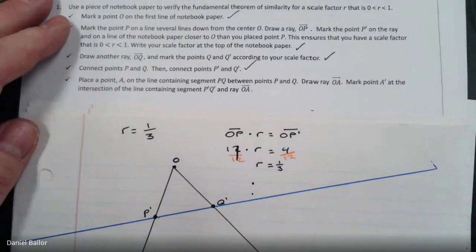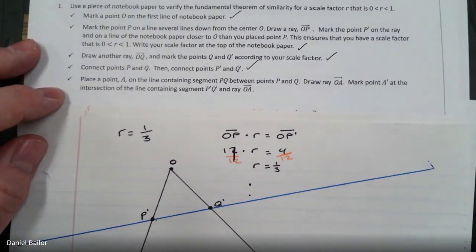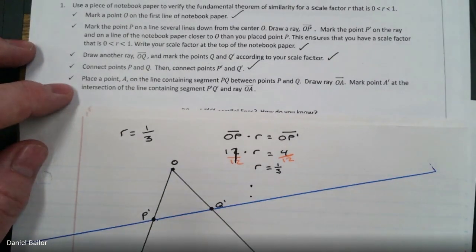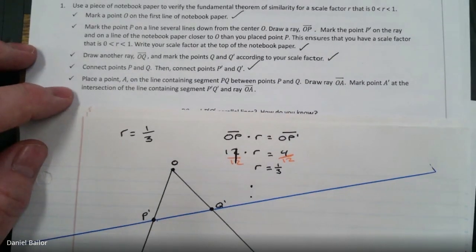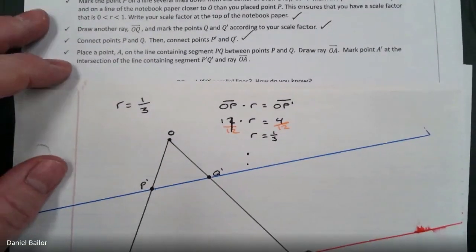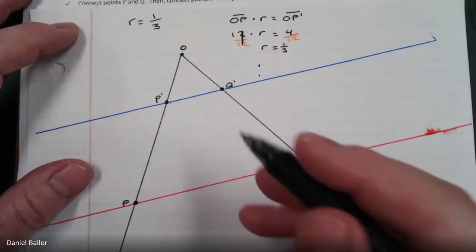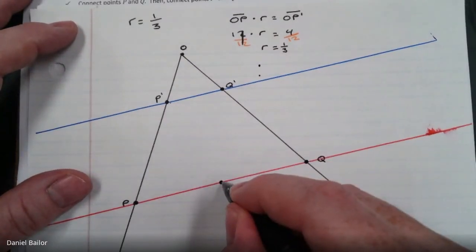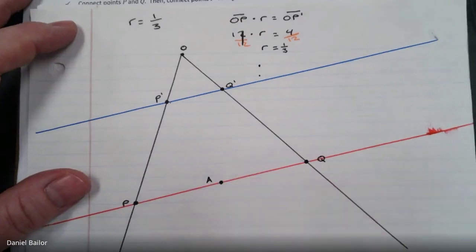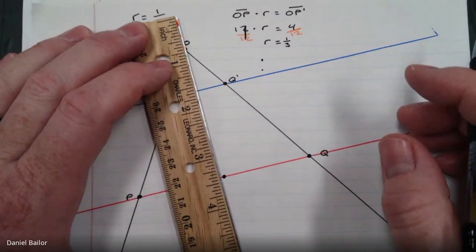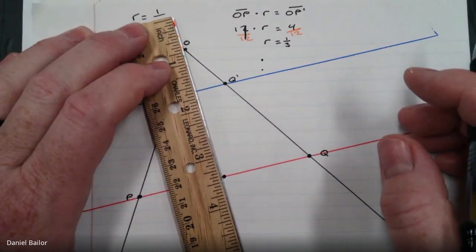Now it says place a point A on the line segment between P, Q, and draw ray OA. So I need a point A now on PQ. So somewhere in the middle, I'm going to draw point A, does not matter where. And then I'm going to connect O with A to make OA.